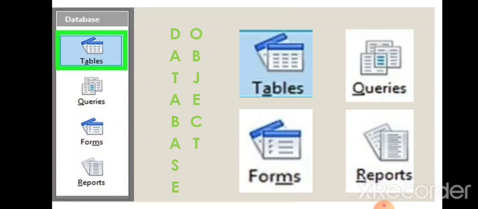Queries, its icon is represented like that, and the forms icon graphic is represented like this, and report is this. When we use a table, this image will display on the screen, and likewise for query, form, and report. We can distinguish all four objects from their icons.